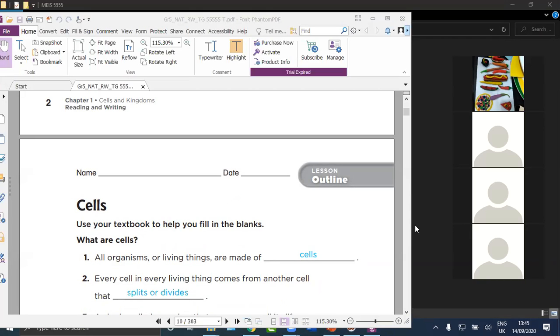I have the big book, but I don't have the small book. You have to buy it. Yes, I have to buy it.